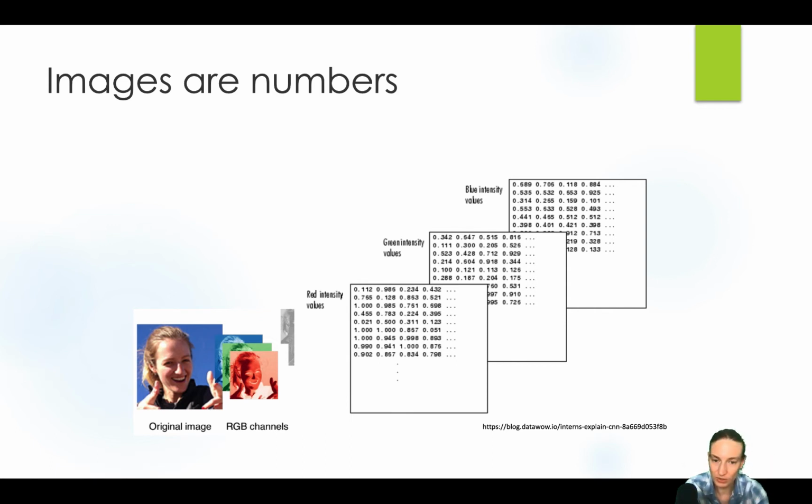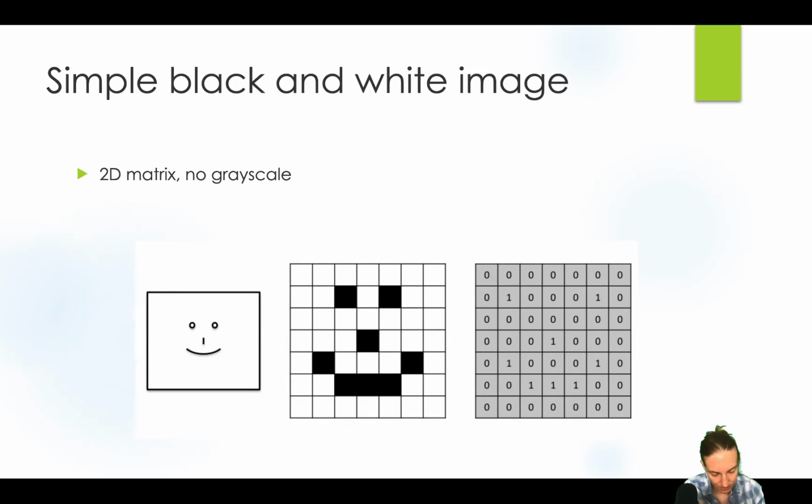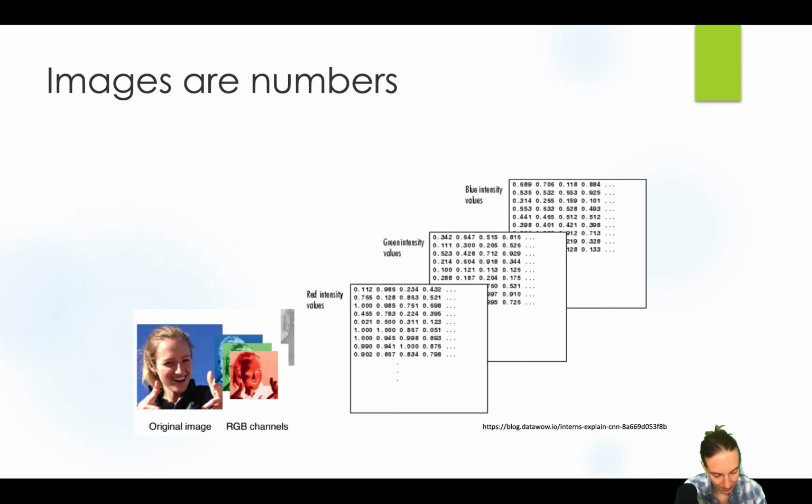The way this is stored inside the image is in 3 layers, 1 layer for each color. So we have a layer for red, green, and blue. And within each layer, we have basically the image as a matrix, and for each pixel, we'll have a value, which is the intensity of that particular color.